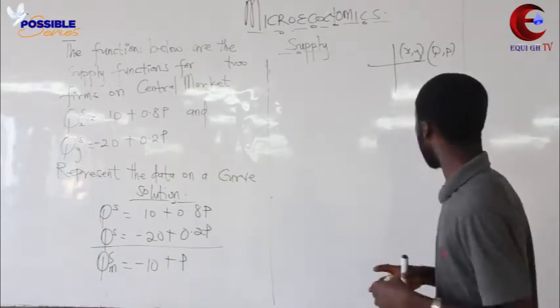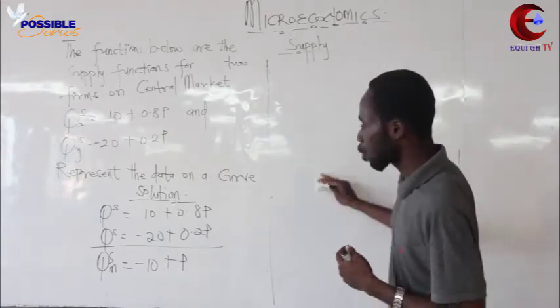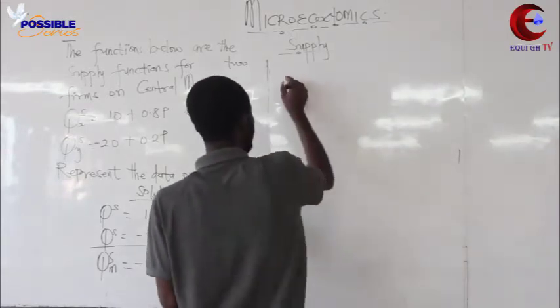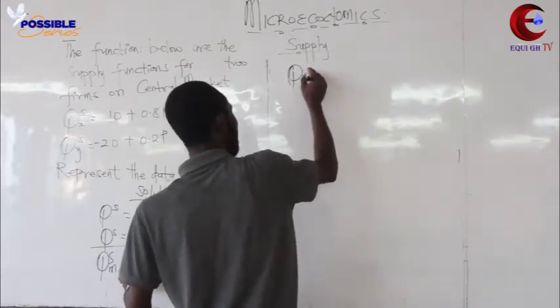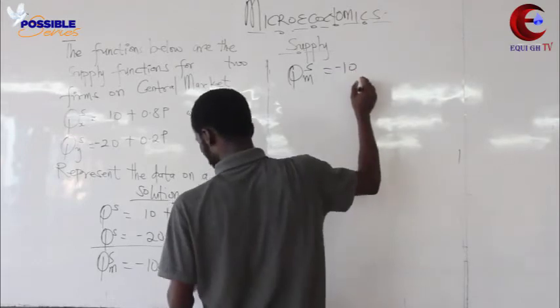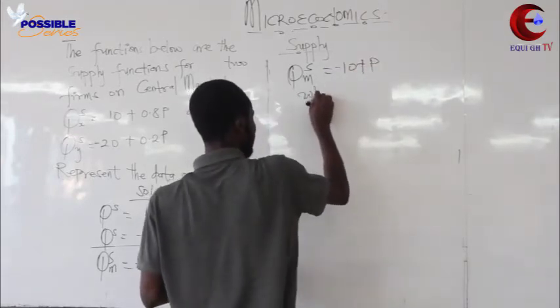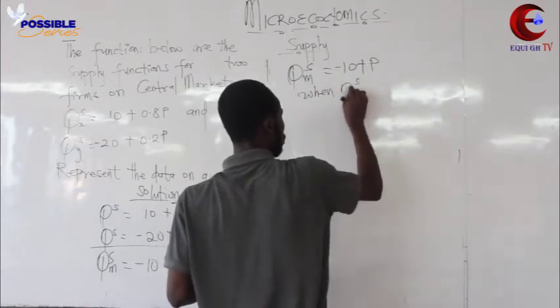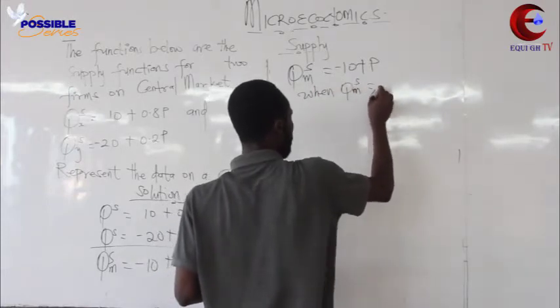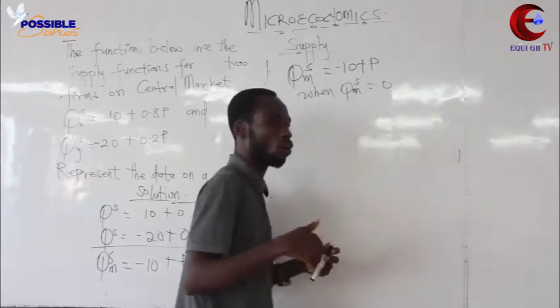So we are going to calculate our coordinates. From the basic knowledge that we have under the concept of demand, when we were plotting the demand curve, we said that before you can plot a curve, you let the quantity be equal to 0 and solve for p, and then you let p be equal to 0 and solve for q.